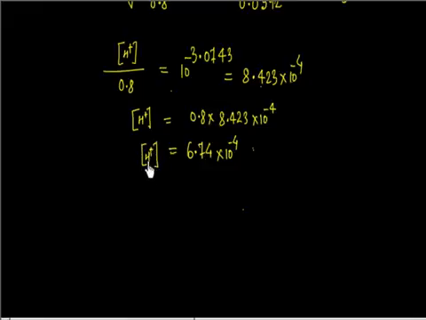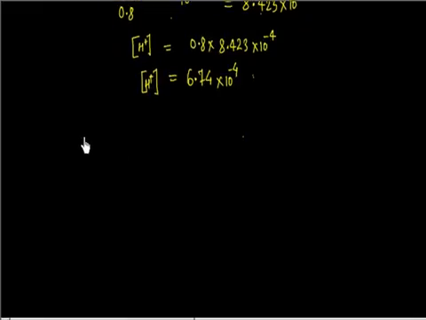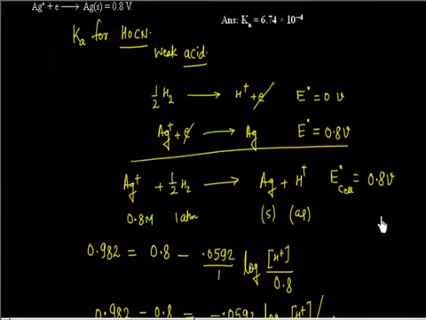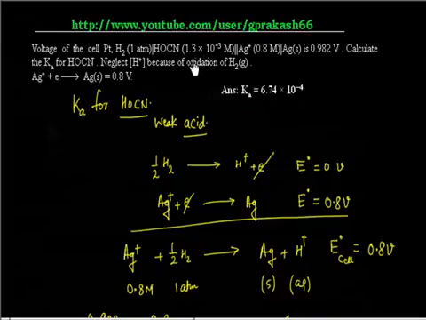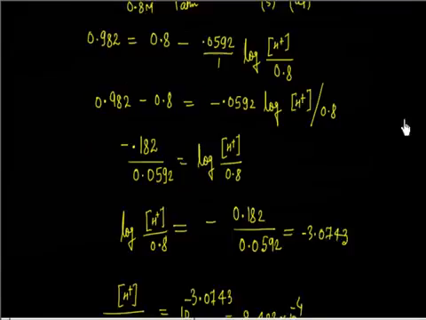If I know the concentration of H plus, now things are easy. We can write the dissociation: HOCN dissociates to form H plus plus OCN minus. We have to calculate Ka, and now I know the H plus. So I know the OCN minus too, because it is the same as H plus. Initial concentration is 1.3 into 10 to the power minus 3.